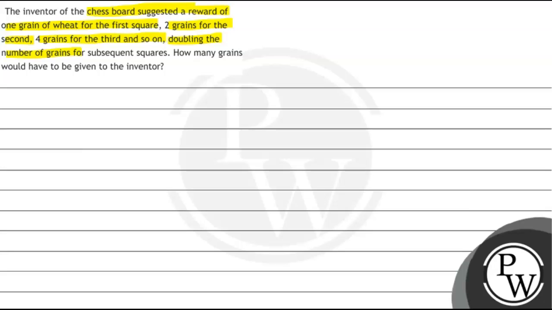इस क्वेश्चन को सॉल्व करने के लिए हम key concept यूज करेंगे. Key concept: sum of n terms of GP is equal to a into r raised to the power n minus 1 divided by r minus 1.